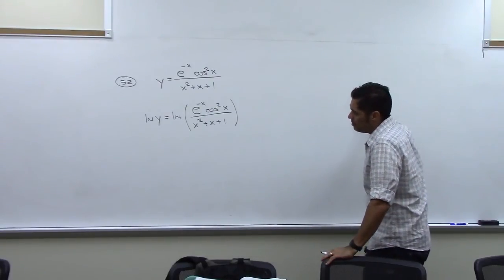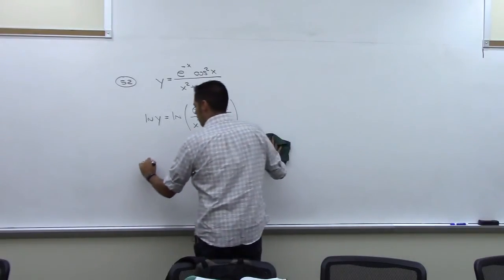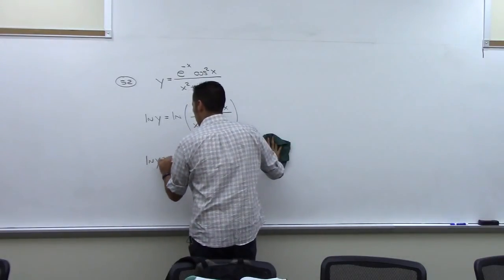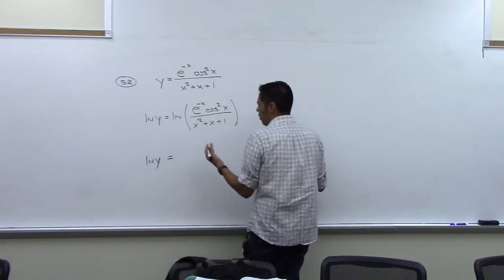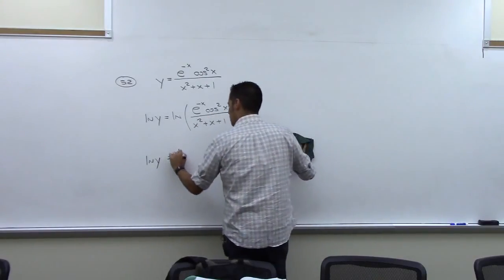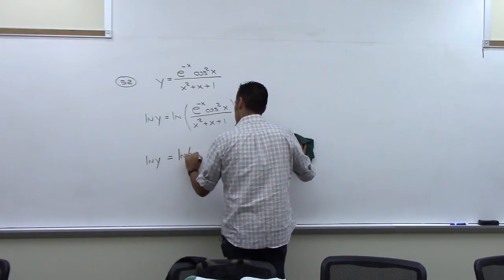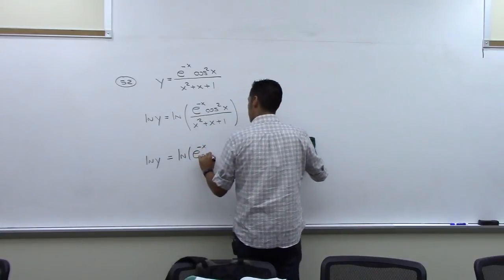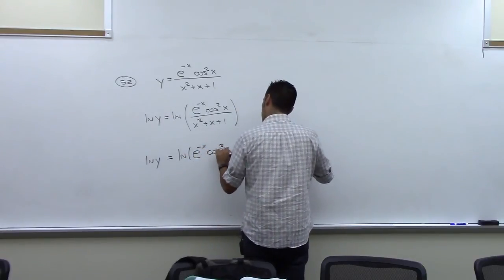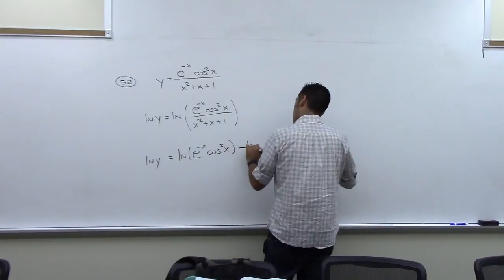Once we have this, I can rewrite, being careful here, natural log y equals, and over here I just use properties. I have division, so I split this into two logs: natural log of the top minus the natural log of the bottom.